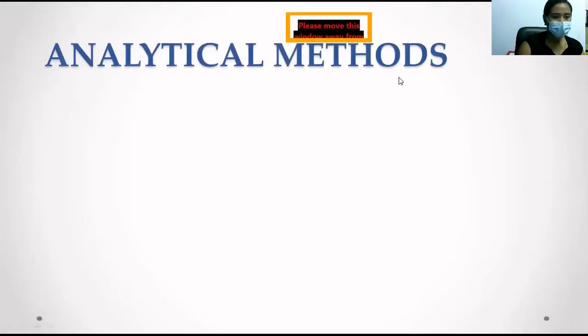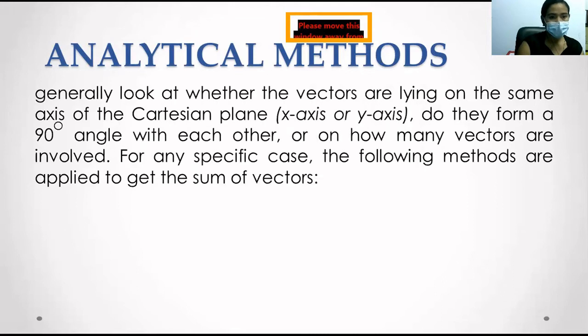Let's now have method number 2, the analytical methods. Generally, analytical methods look at whether vectors are lying on the same axis of the Cartesian plane, such as the x-axis or y-axis.